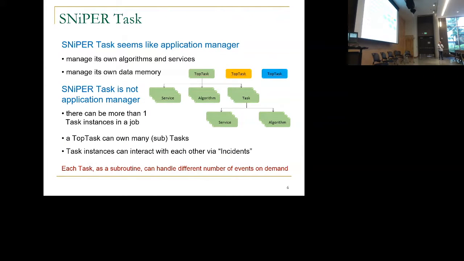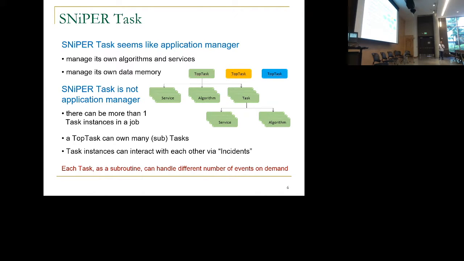So in SNiPER, we implemented the task. The task seems like an application manager. Each manages its own algorithms and services. It also manages its own data memory. But in SNiPER, the task is not an application manager, because there can be more than one task instance in a job.